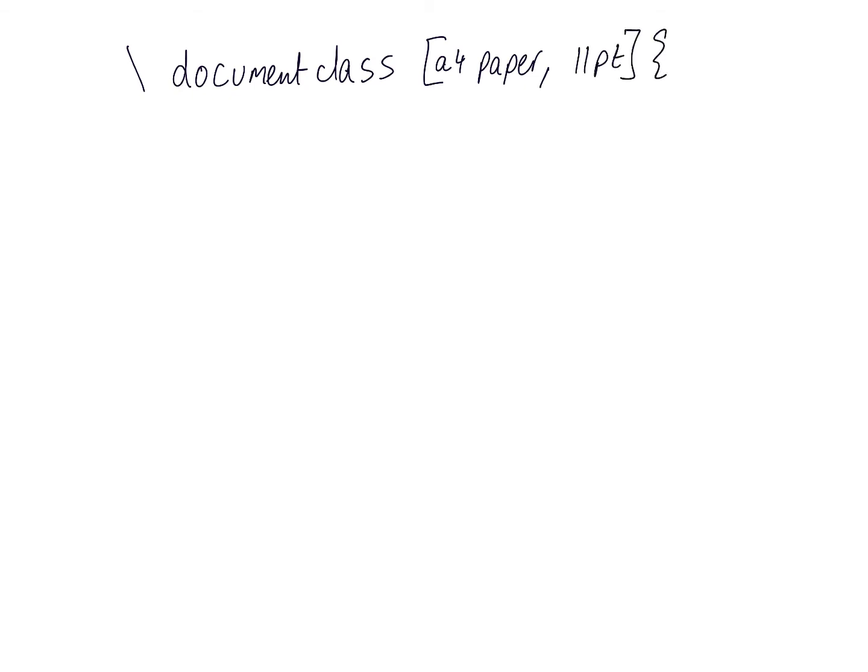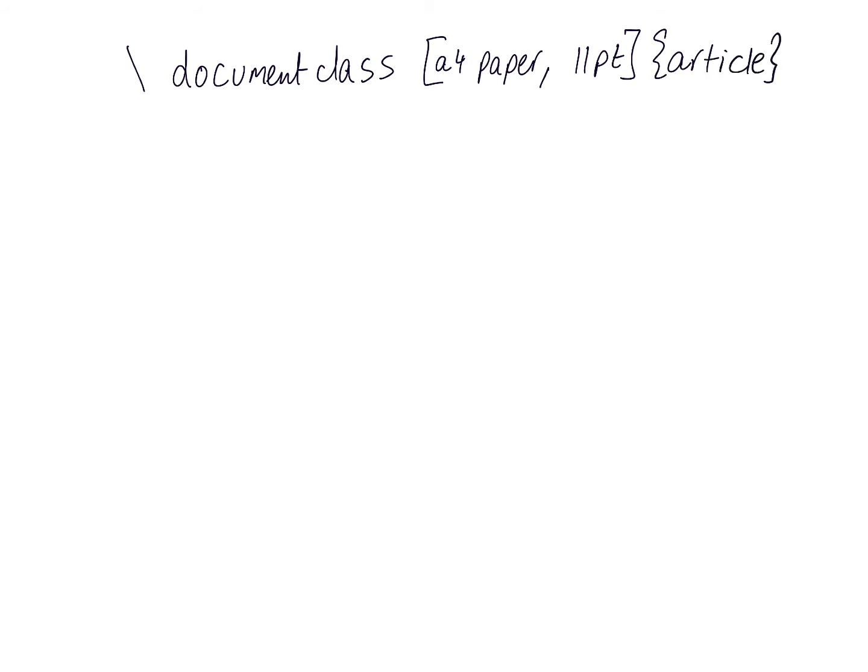So let's make a modification to the previous example. Let's write an extra part to it. So document class. We had A4 paper, 11 point. And the idea is that if you keep writing this, it will become practice.